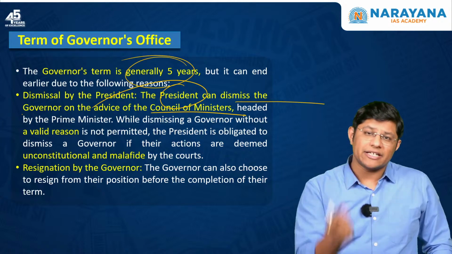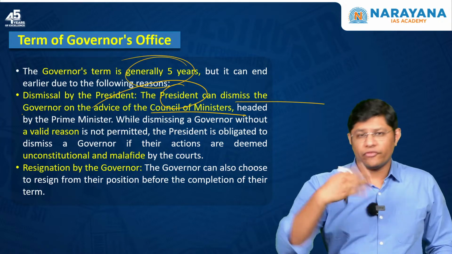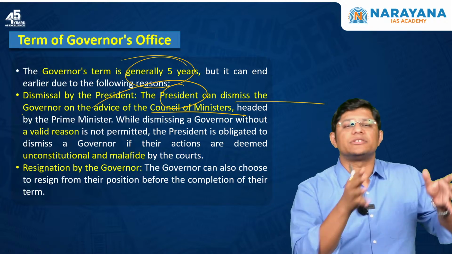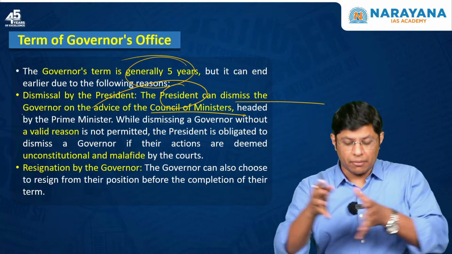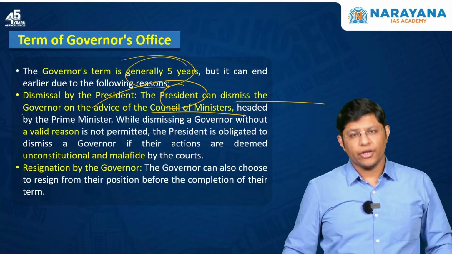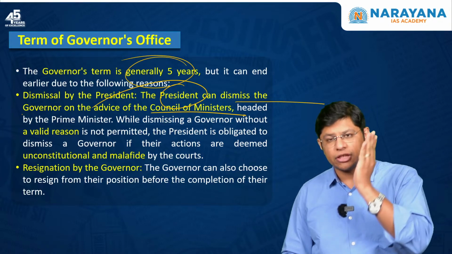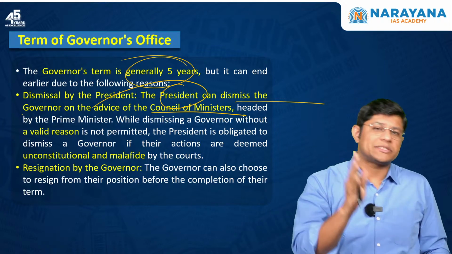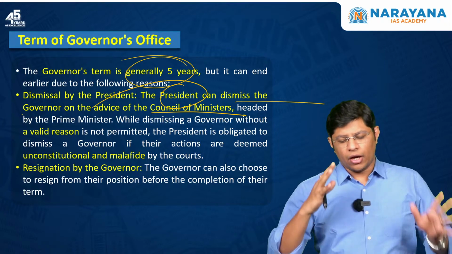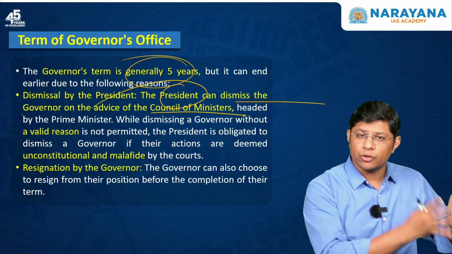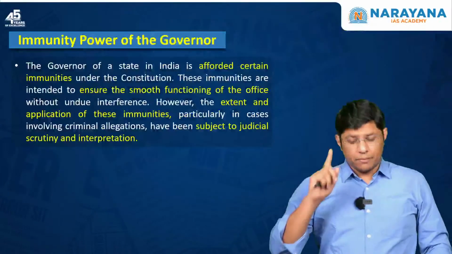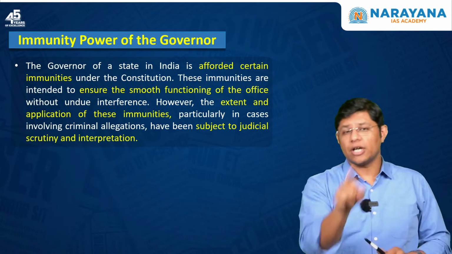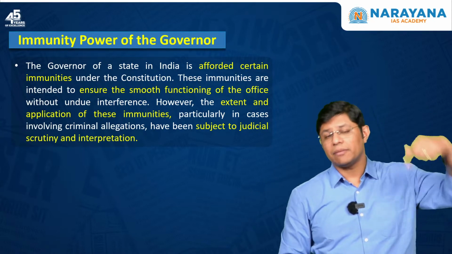The president can dismiss a governor only when he feels that the governor has acted against the constitutional interest or public interest, if his acts are unconstitutional in nature. The governor can also resign from his position. So these are the ways a governor is removed in our country. Please remember that there is no impeachment process to remove a governor, as there is for the president of our country.